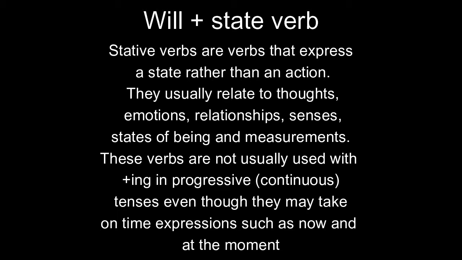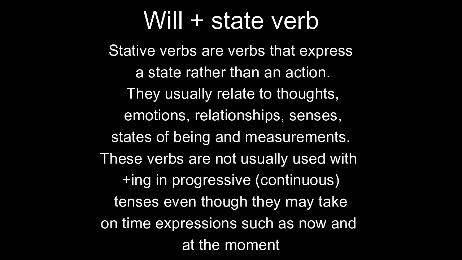Now we know what the future simple tense is, it's time to have a look at how we can use it and how we make it. So let's have a look at those 2 points now. First of all we'll start with state verbs. Stative verbs are verbs that express a state rather than an action.